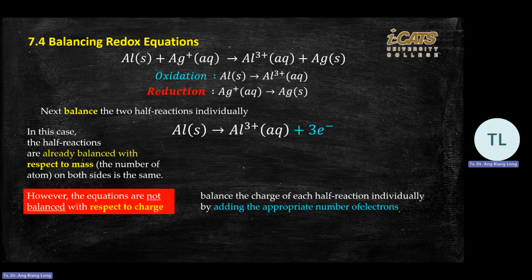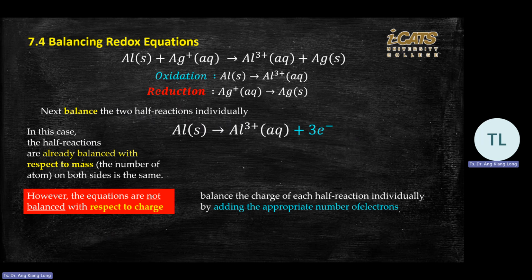Giving away means this Al from the left hand side breaks away, so it becomes an ion, 3+. It must balance, it must be neutral. Left hand side neutral, right hand side also must be neutral. So you have 3 charges already, so to balance you add 3 electrons, negative. You need to write this in the half equation.